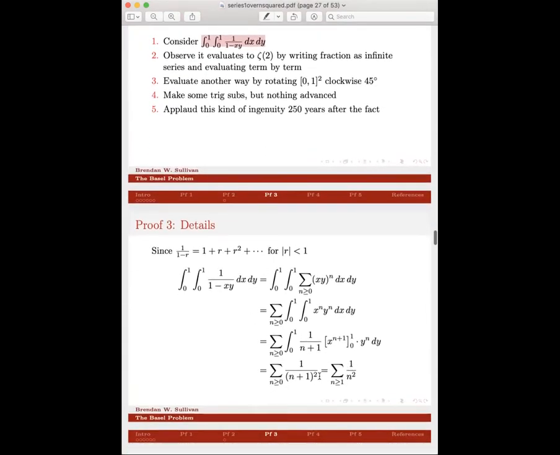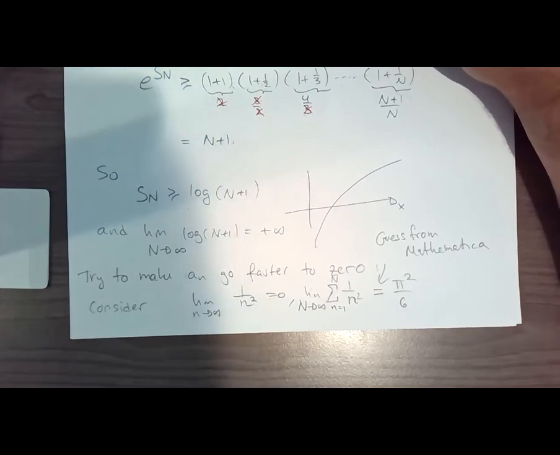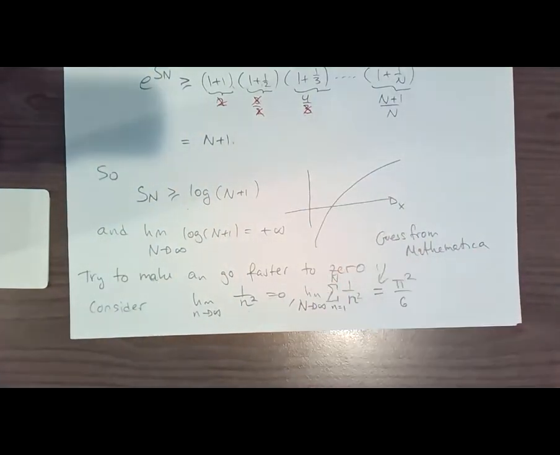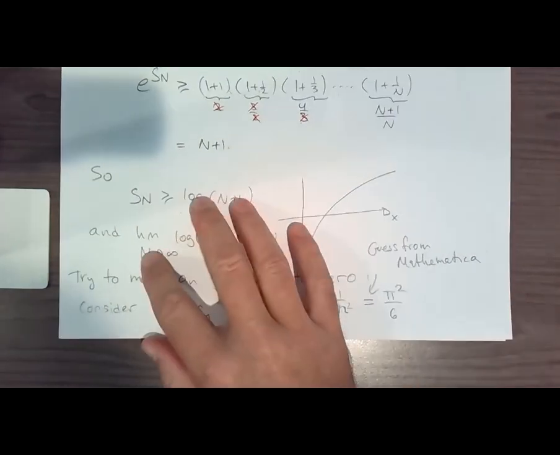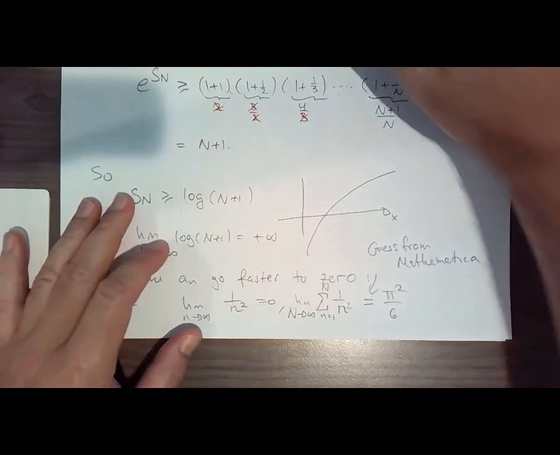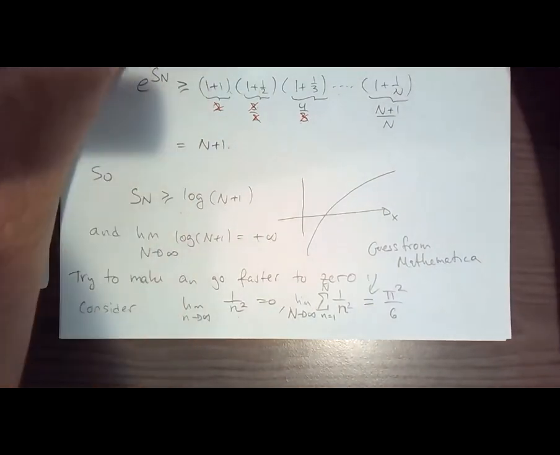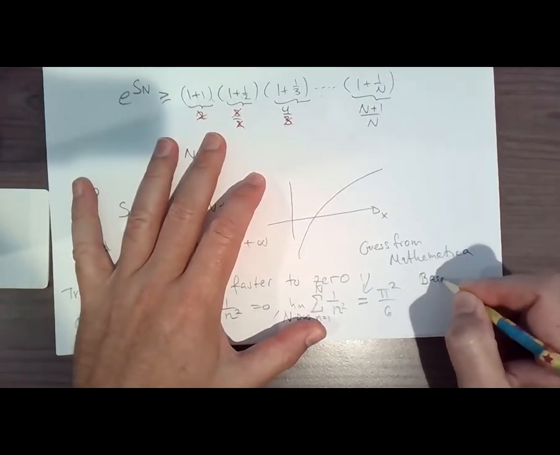You're going to end up with this sum that we were interested in, 1 over n squared, and you recognize it as a double integral, and then you calculate this double integral. I just wanted to give you an idea that it is possible to prove something like this is true. This one here is not obvious. If you're interested in it, I'll give you the correct thing to Google. This is called the Basel problem.